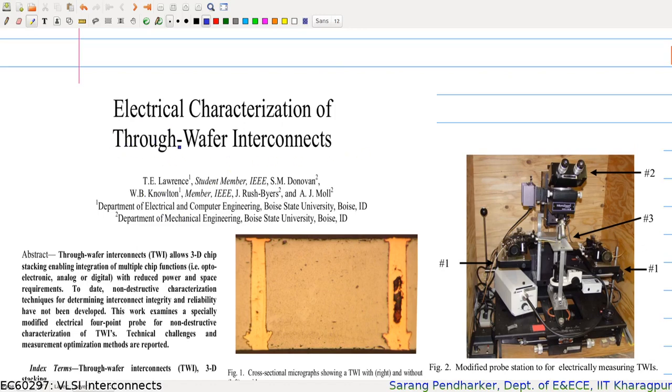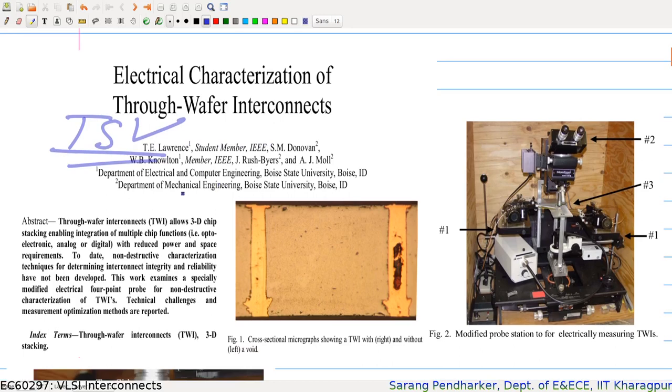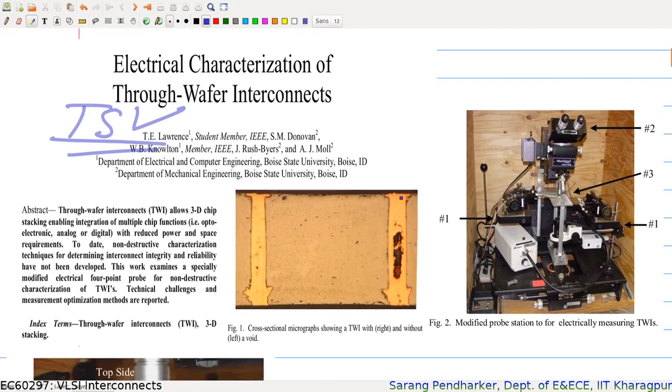Since this is 2004, it was called through wafer interconnect, but this is basically what is now called through silicon via. It allows 3D chip stacking, enabling integration of multiple chip functions, optoelectronic, analog or digital, with reduced power and space requirements.